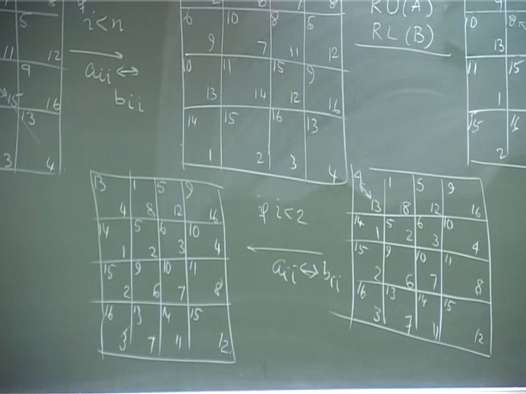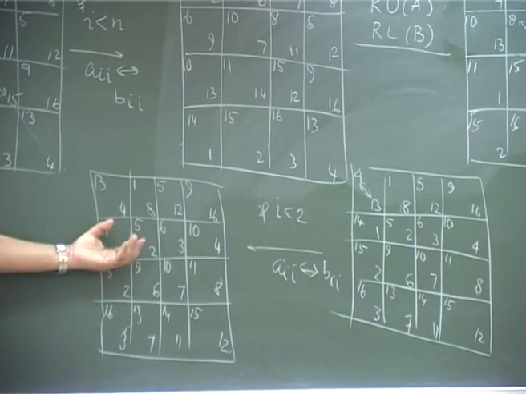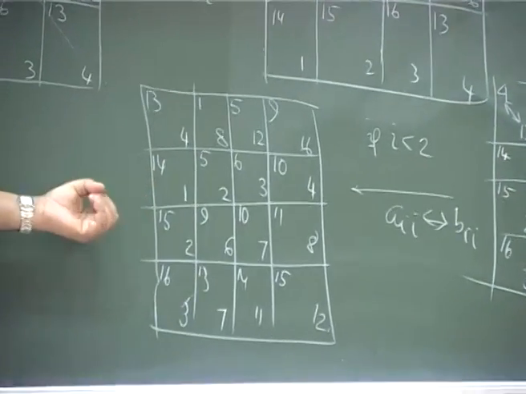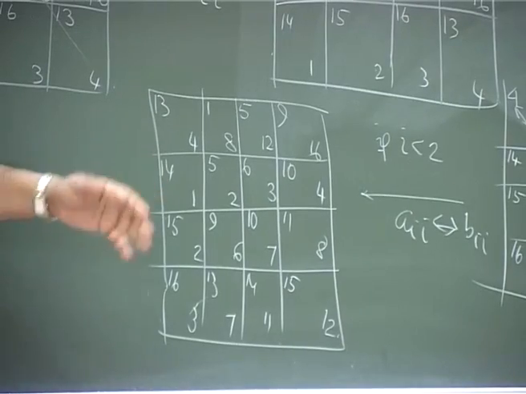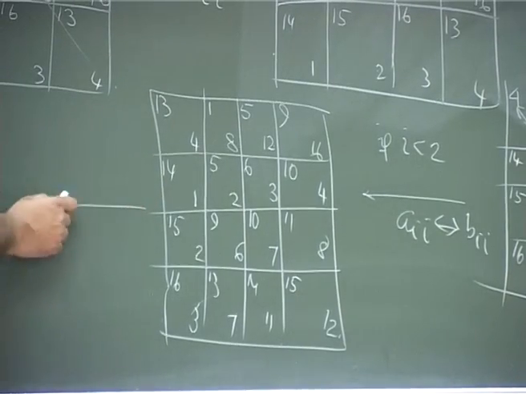Now you observe that we have almost done the transposition work. The only thing is that there is still one remaining rotate up and rotate left, and then a little manipulation. Let us see what happens.